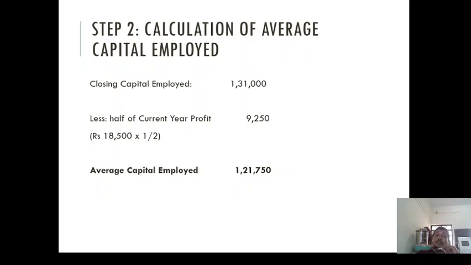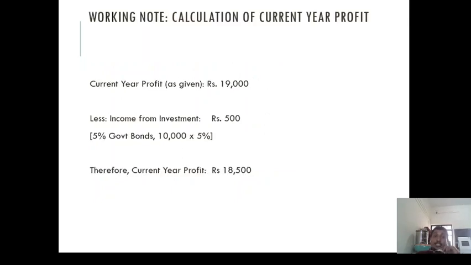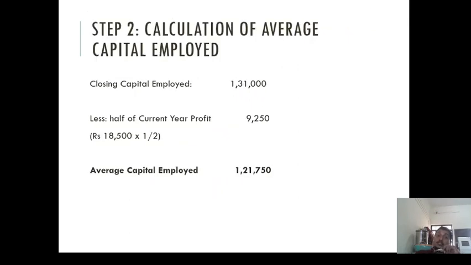Now, current year profit we have just calculated. They have given current year profit as 19,000, but in reality, current year profit is 19,000 less income from investment 500. So, real current year profit is 18,500. I should take into consideration that 18,500 here. Half of 18,500, what is it?